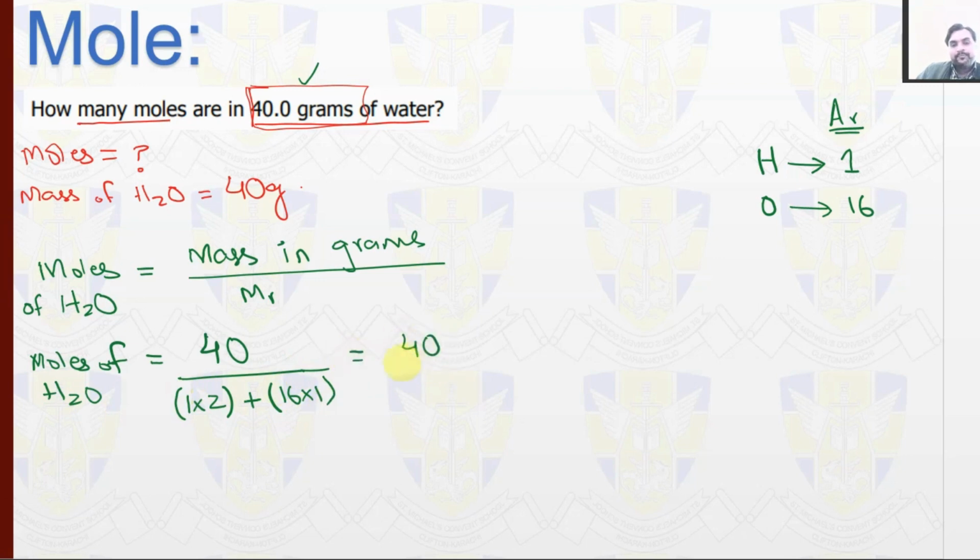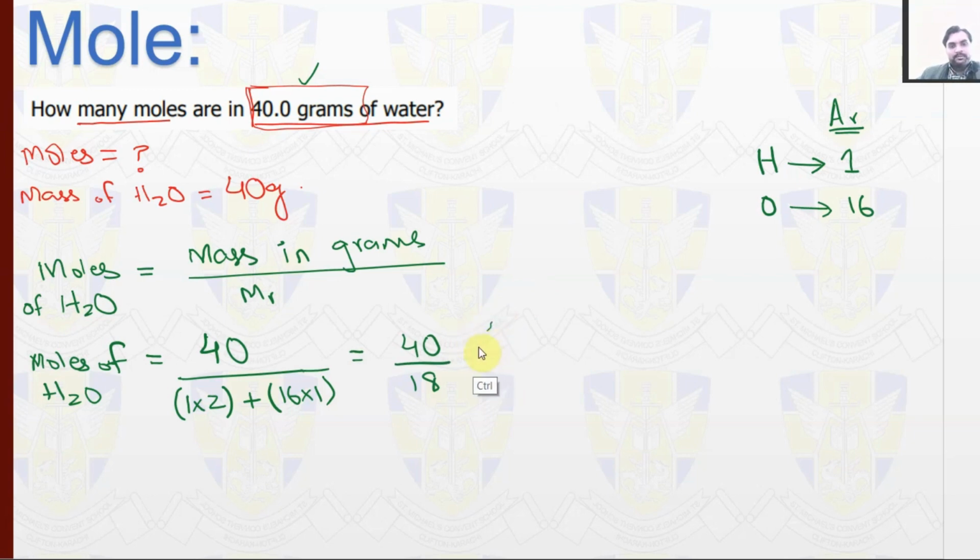So now solve it. 40 divided by 18. You have to take out your calculators, and in the calculator if you divide 40 by 18, you get the answer 3.33.